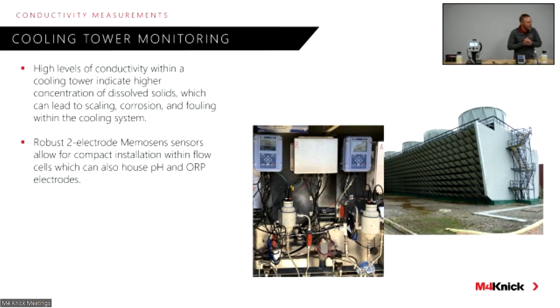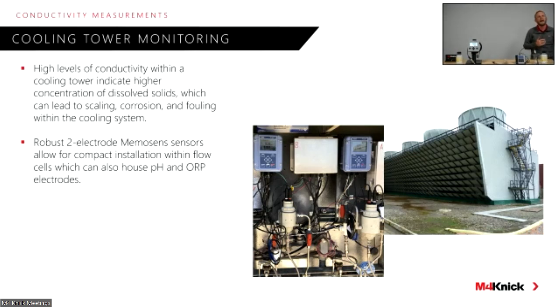And the particular photo that you see on the screen here, this installation is utilizing that SE615 sensor, but in what we refer to as a flow cell housing. So we're bringing a sample off the cooling tower from the cooling water into the bottom portion of this pot, this flow cell. And the nice thing about this flow cell is it can house other analytical measurement sensors.